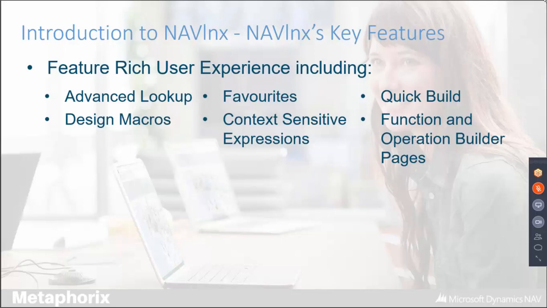And then beyond that, it offers a number of design macros to help improve a process devised using NAVLNX further beyond the wizard process. NAVLNX also offers context-sensitive expressions, and also has a number of capabilities to allow for the production of function and operation pages.